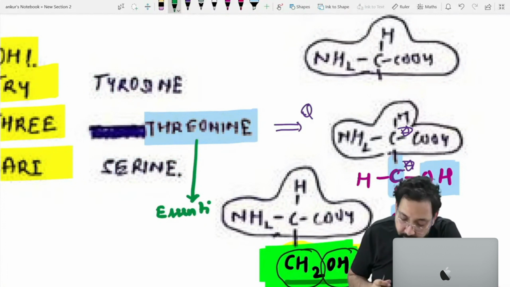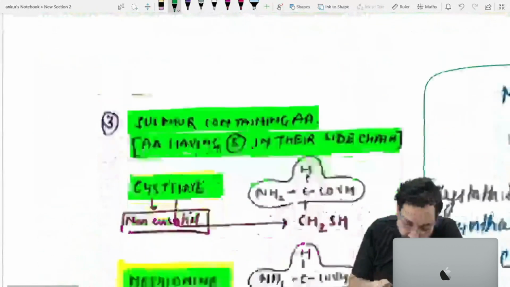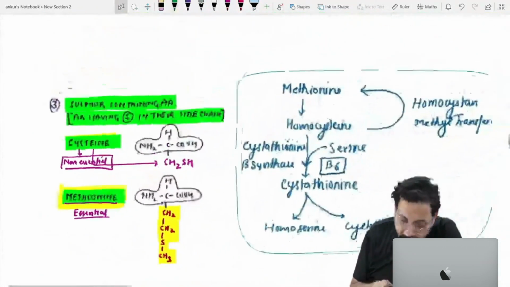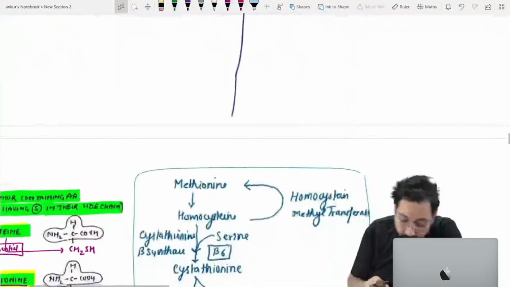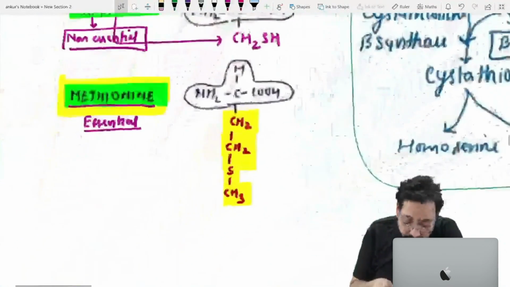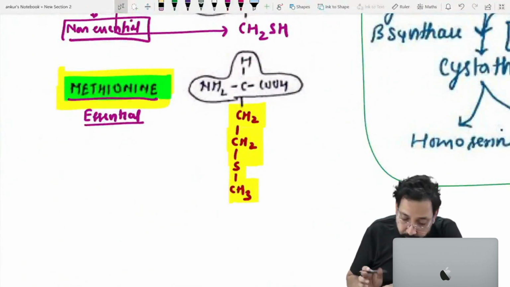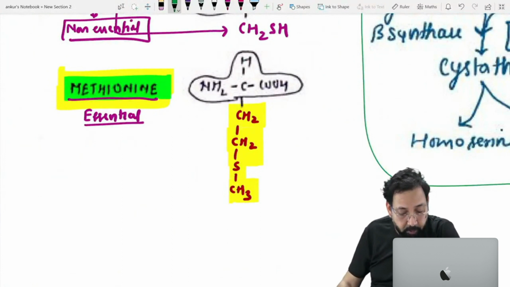In the same way, methionine is essential. Clear? Now, we found that this is methionine. So these are mnemonics.